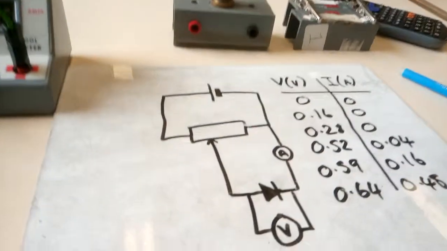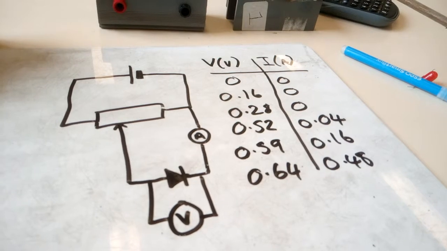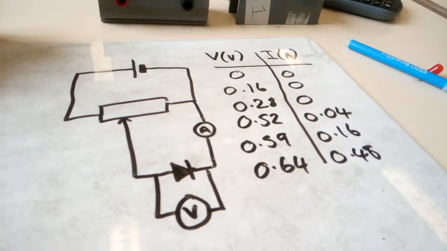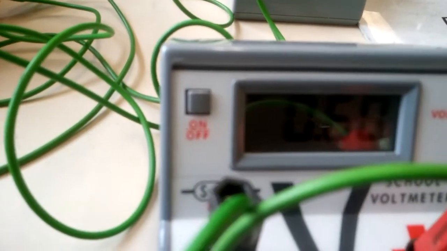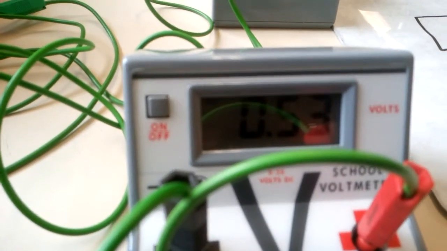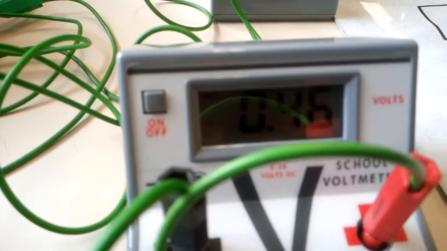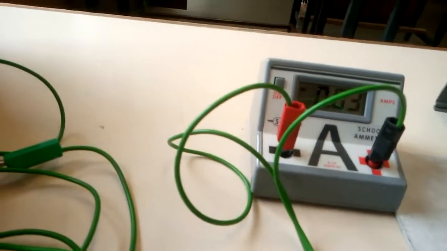So having a look at my results, I probably want to get some more results there just so I can see a pattern. I'm going to go for something in between 0.28 and 0.52 to see whether I've got something different happening there. So 0.47 gives us 0.02.